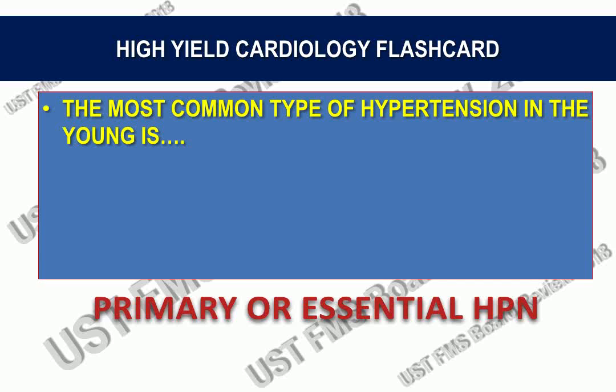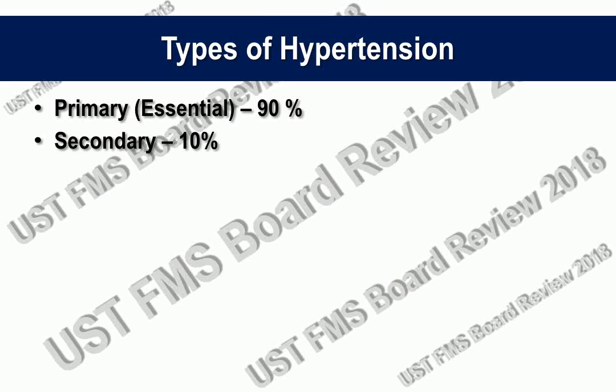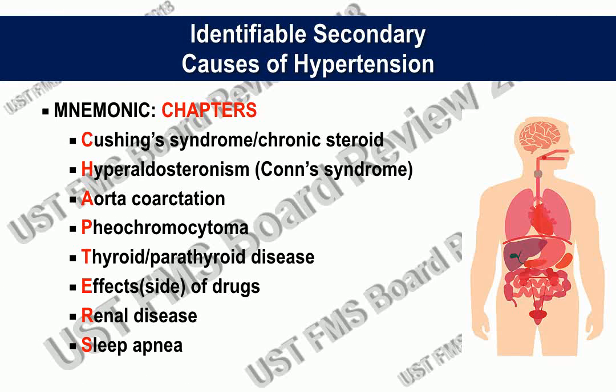So while secondary hypertension is more common in the young, still majority of the hypertension, the cause is really unknown, and it constitutes 90% of the hypertension, both in the total population and majority of the causes, even in the young.